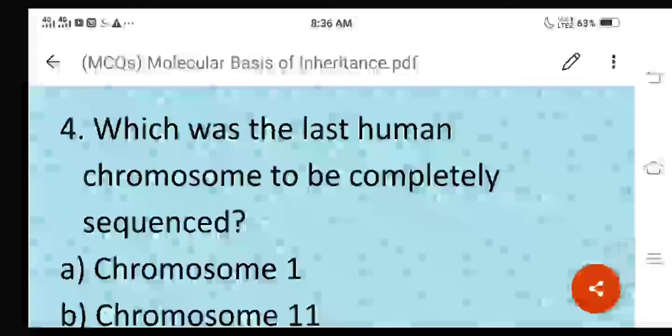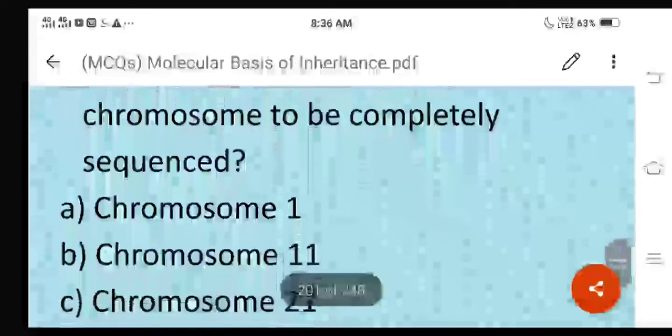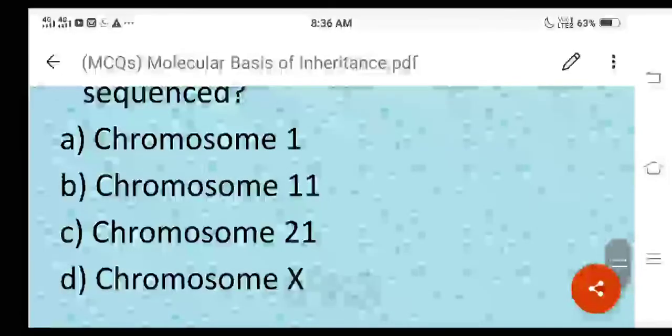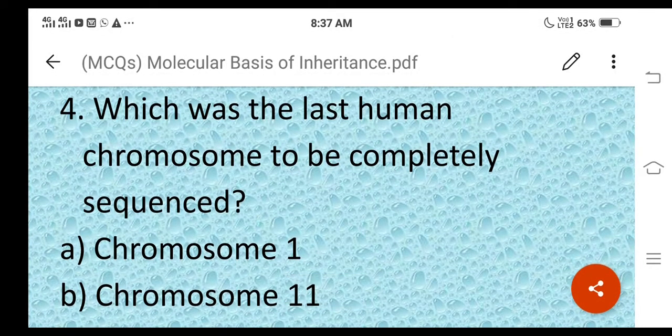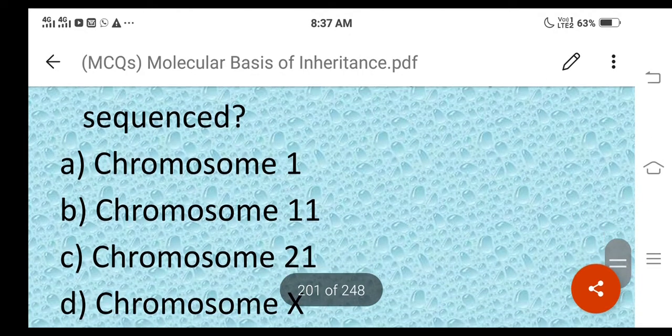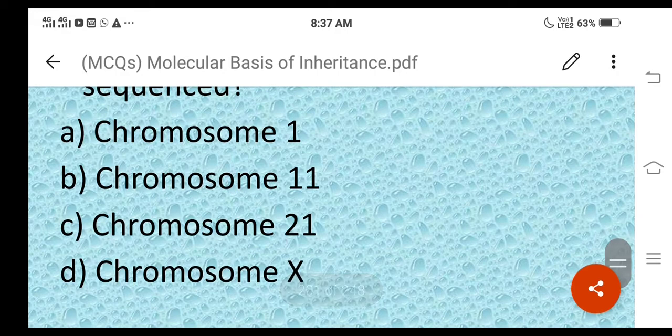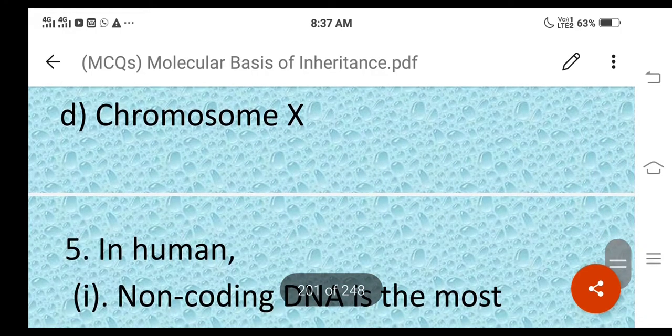The options are chromosome 1, chromosome 11, chromosome 21, and chromosome X. Chromosome 1 is already sequenced, but in the textbook, the last human chromosome to be completely sequenced was sequenced in May 2006, I think. So option A is the correct answer.